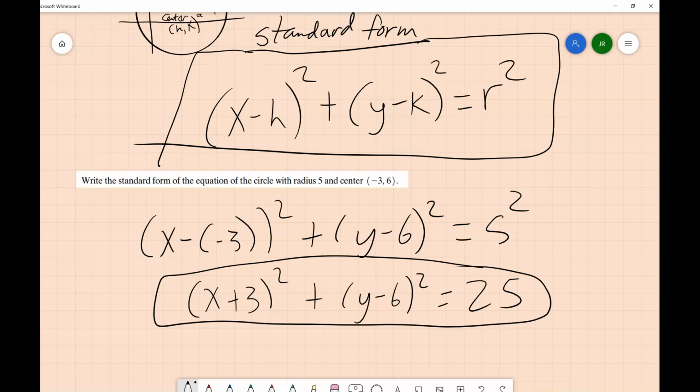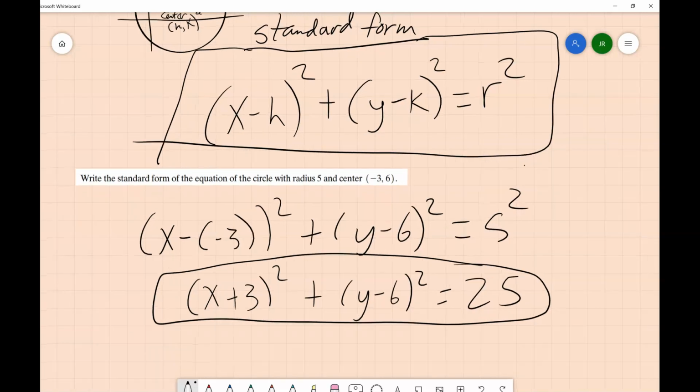Just to point out a couple things. The sign of this x coordinate is always going to be the opposite of that sign in the equation. That's a -3, but notice in the equation it's x plus 3. Same thing with the y coordinate.